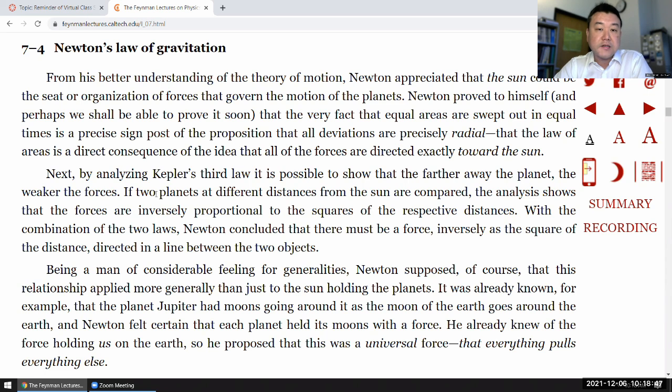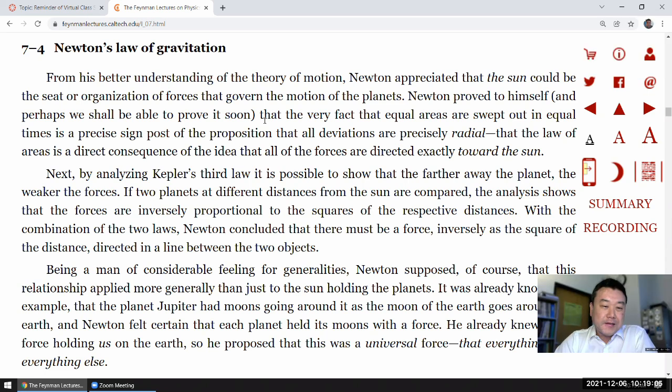So section 7.4. From his better understanding of the theory of motion, Newton appreciated that the sun could be the seat of organizational forces that govern the motion of the planets. Newton proved to himself, and perhaps we shall be able to prove it soon. And by the way, you have to be really good at calculus to be able to prove this.